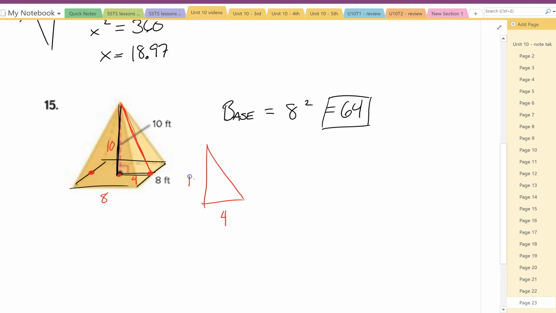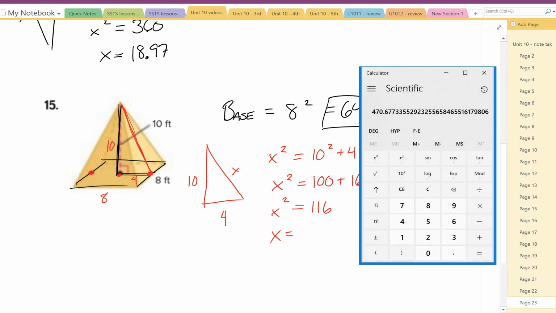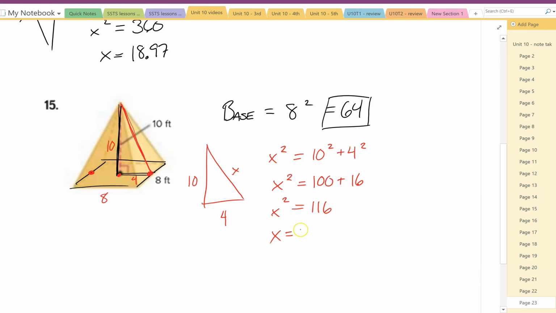So that's 4, that's 10. Here's my slant height. So x squared is going to equal 10 squared plus 4 squared. I know 10 squared is 100, 4 squared is 16. So x squared equals 116. I need the square root of that. 10.77 is my slant height.